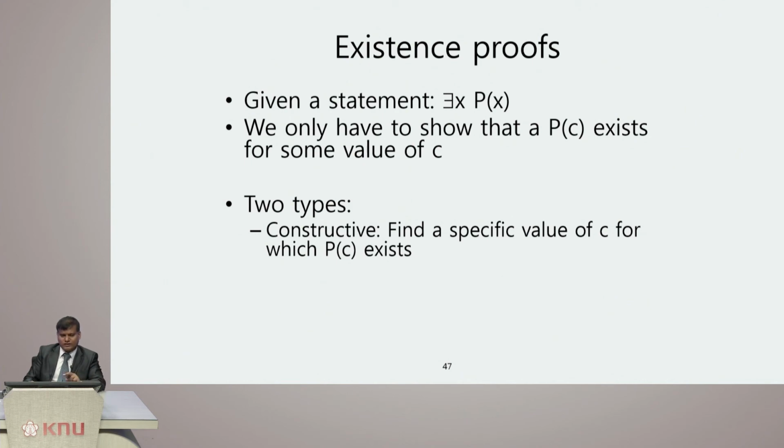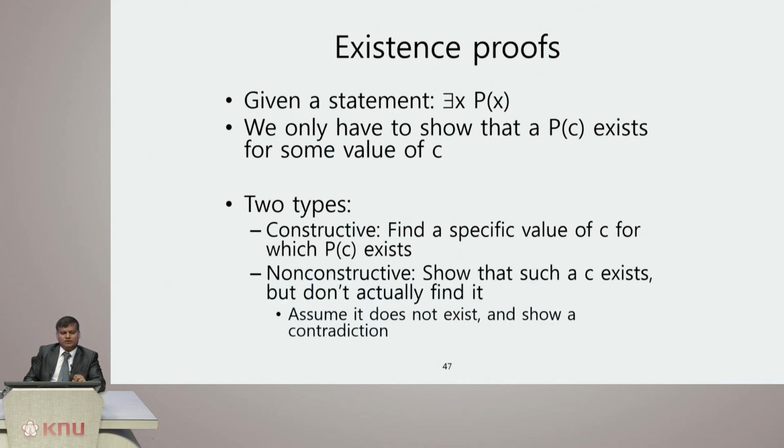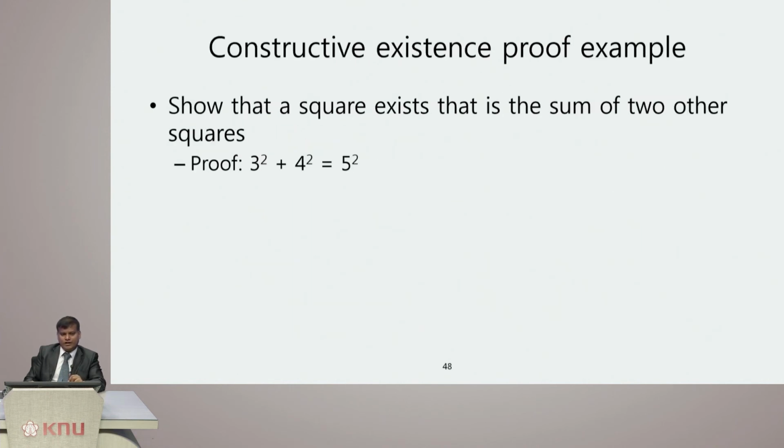Once you show that, it's done. Non-constructive: show that such a c exists, but don't actually find it. Assume it doesn't exist and show a contradiction. So that is another non-constructive way to show it.